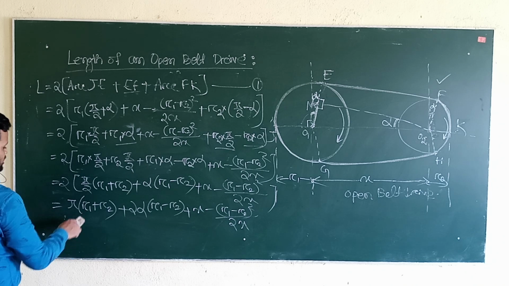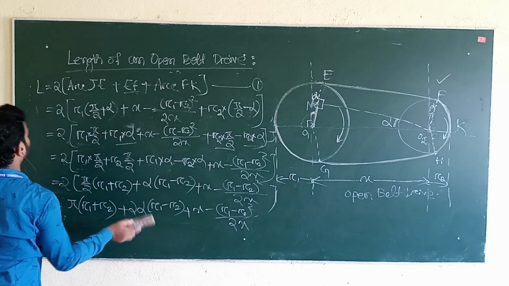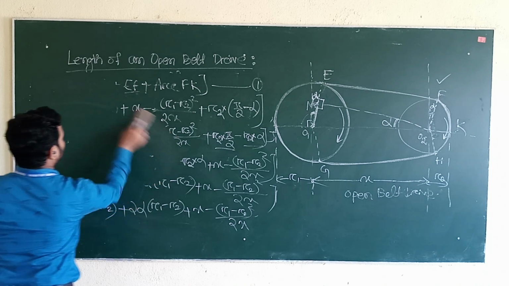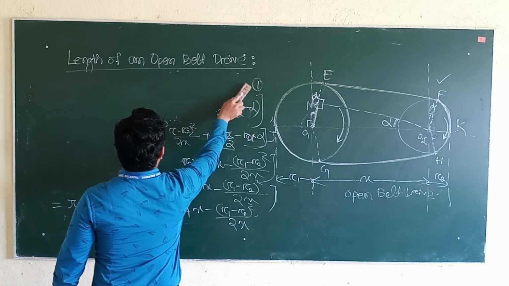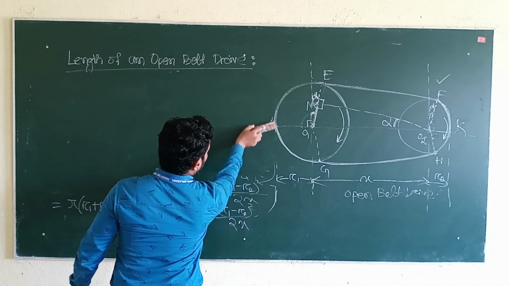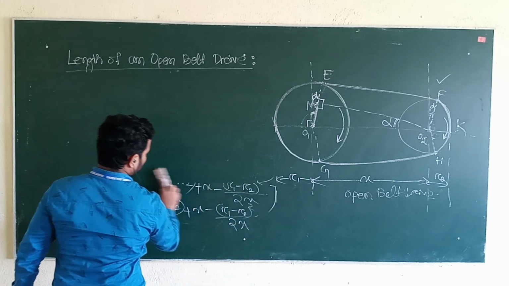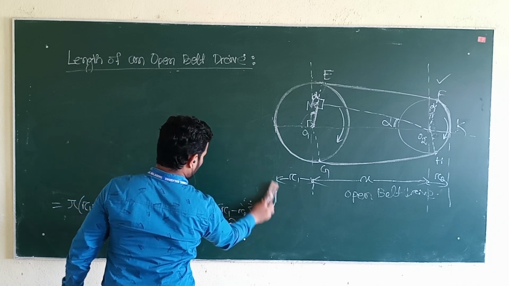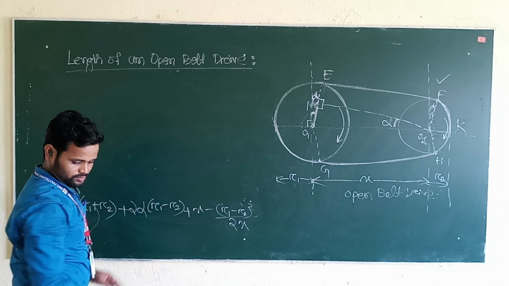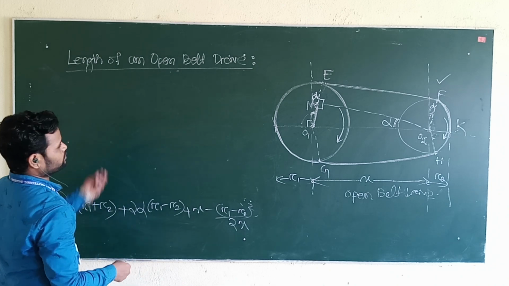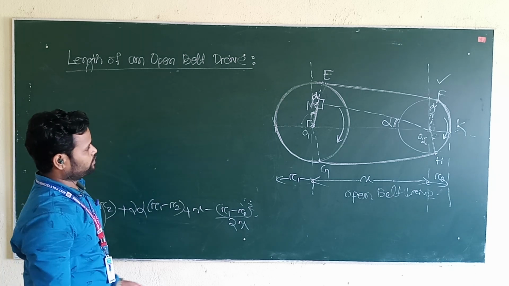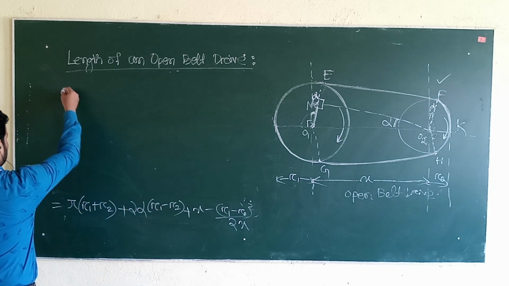Now in the next part, we will put this alpha value. Before, we have already calculated what alpha is. I will remind you that I wrote that if the angle alpha is very small, we can write sin alpha equal to alpha equal to (R1 minus R2) by x.